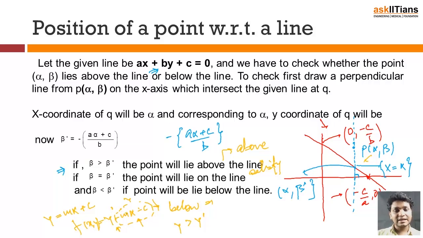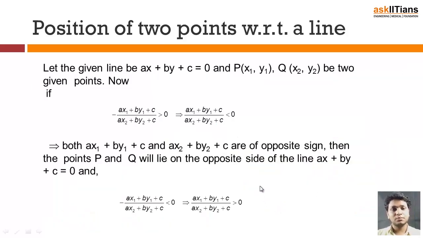So if it is greater than 0, you will get a point which is above the line, and if it's less than 0, you will get a point which is below the line. So we will use this concept to determine the position of 2 points with respect to a line.